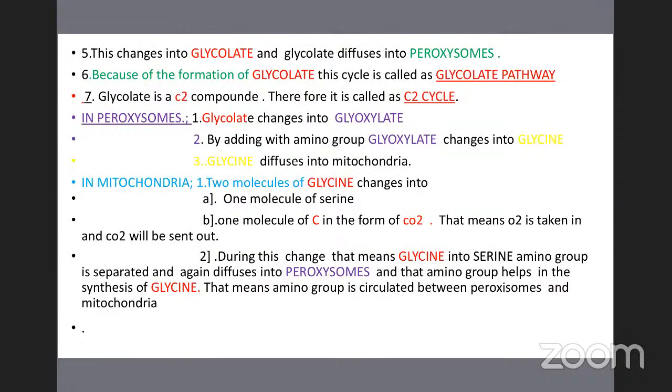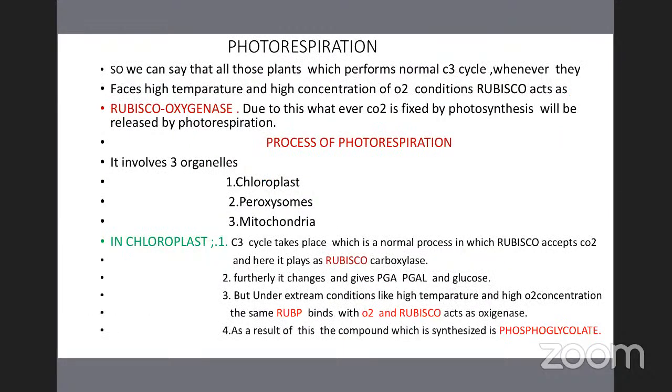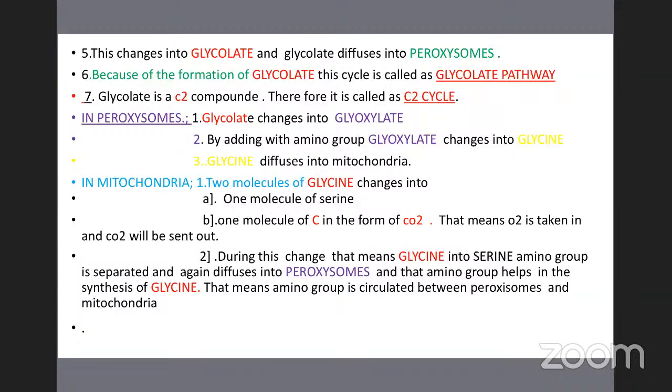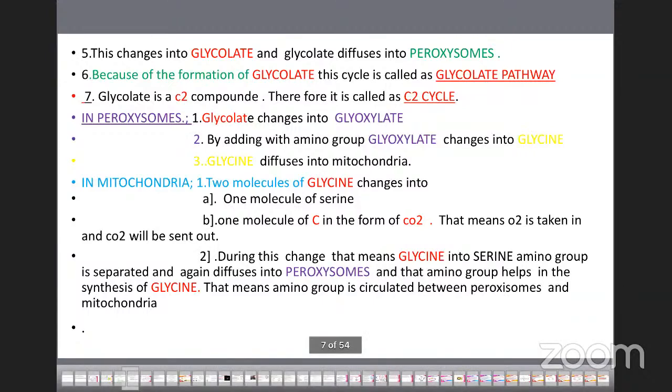All these changes are taking place in the chloroplast. That is important. Next, this phosphoglycolate changes into glycolate, and this glycolate diffuses into peroxisomes.